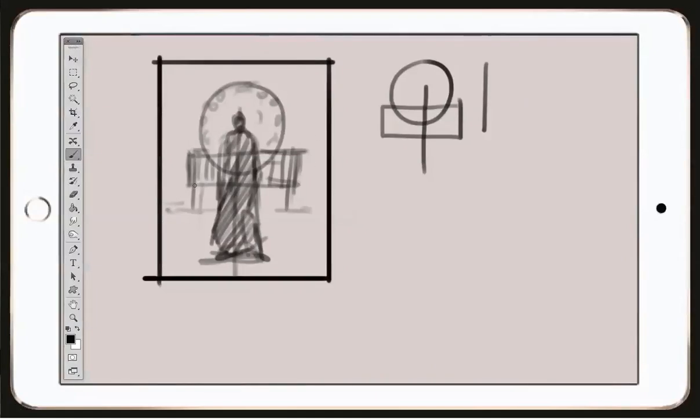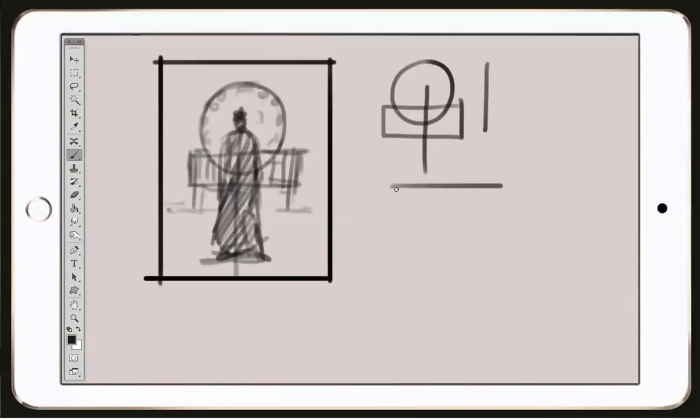And the eye of the viewer is led here to the figure, and specifically to the head. The structure has been designed to draw the attention to the figure and then to the head, because the circle here forms a framing shape. It frames this part of the figure, thereby drawing the eye to that part of the figure.